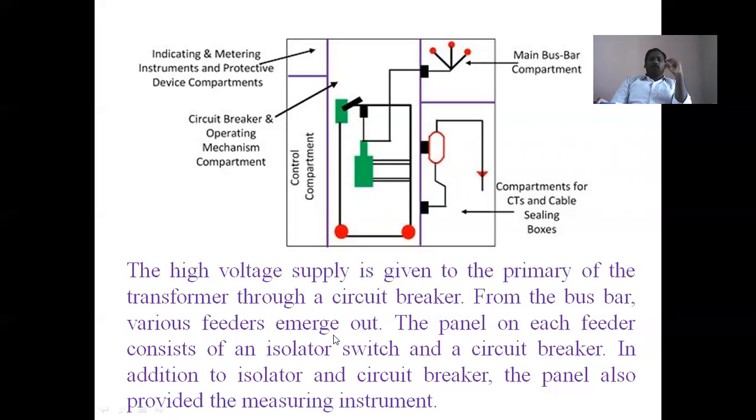From the bus bar, various feeders emerge. After receiving the voltage from the transformer secondary, the substation performs its action, and then feeders emerge to distribute that voltage. The panel on each feeder consists of an isolator, switch, and a circuit breaker. The panel also provides measuring instruments.